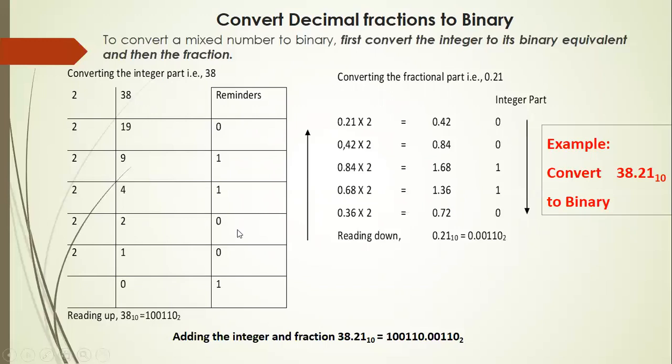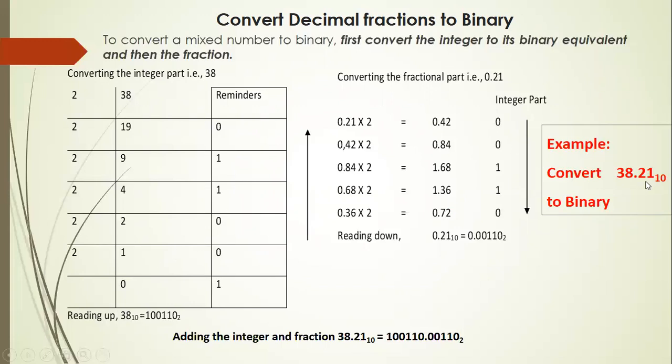Because the integer part will be read this way, 100110 is the binary equivalent of the decimal number 38, the integer part.